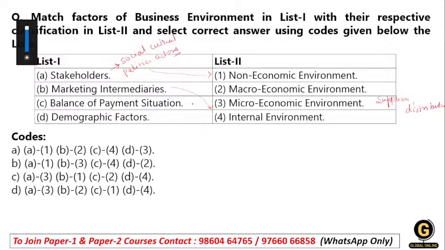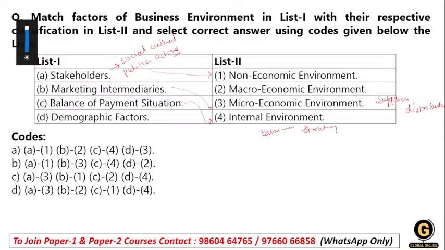Now the next one, the balance of payment situation. You have to match this with the internal environment, because the balance of payments, that means BOP, directly affects the business strategy.